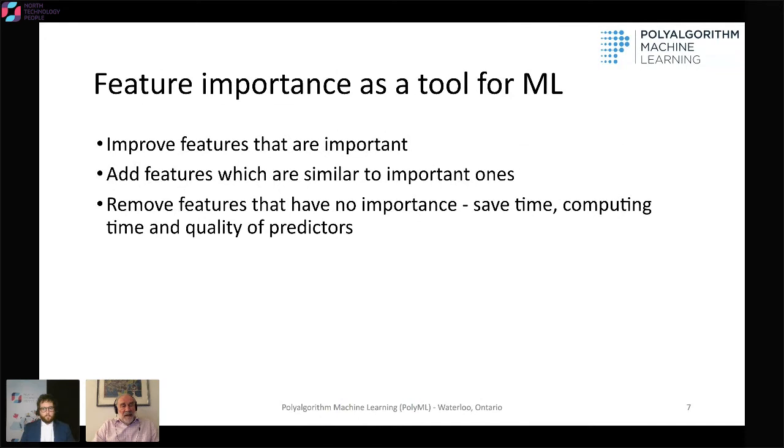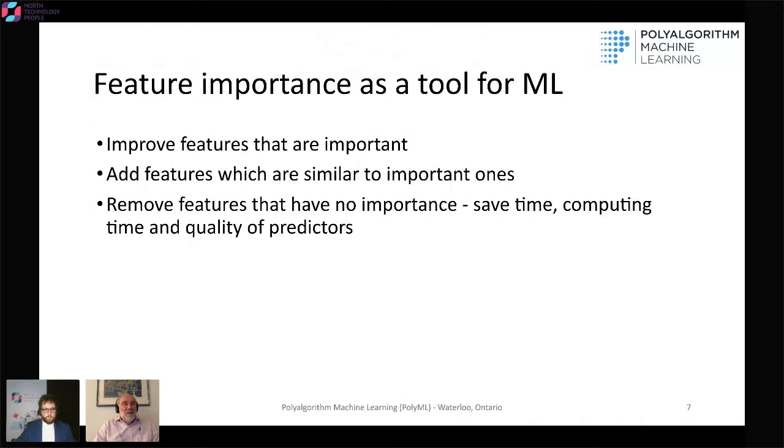First of all, if we have features that are important, let's take the example of the stamping presses that I mentioned before. If we find that vibration is an important feature, then maybe we can improve the sensors. We can put better sensors. We can read the sensors more often. We can place more sensors.